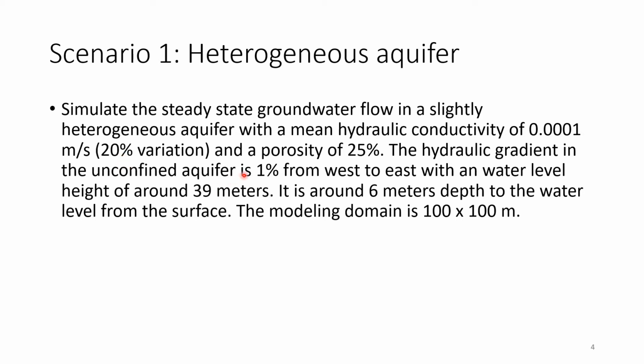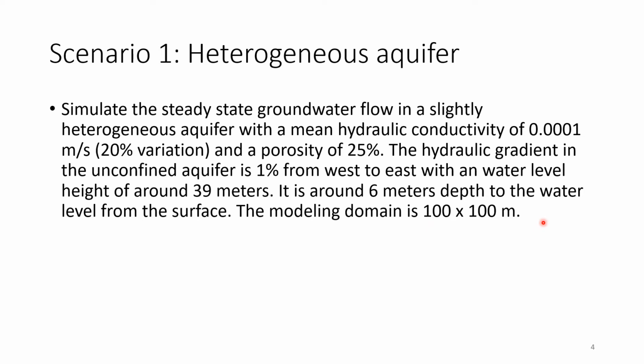It's an unconfined aquifer, that's also important. We have a water level height of around 39 meters, and then a 1% decline from left to right. So this is around 6 meters depth to the water level from the surface, which means we have a top surface of 45 meters, and the modeling domain is 100 times 100 meters.